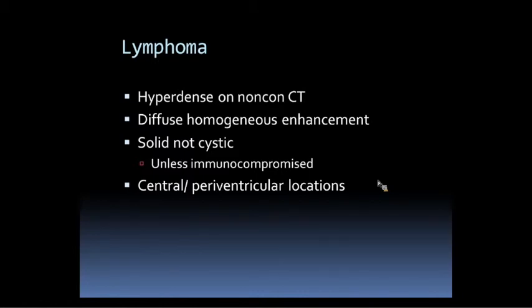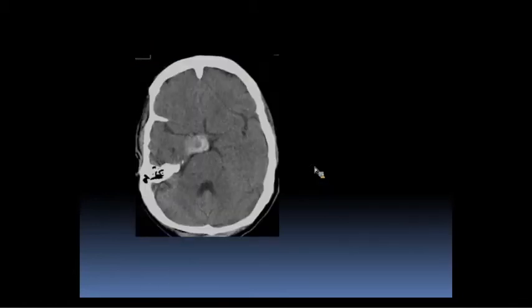But if you have an adult with a hyperdense parenchymal lesion, you can very strongly consider lymphoma. Usually they have solid, diffuse enhancement. However, in compromised patients, such as people with AIDS, they can actually have cystic ring enhancing lymphoma. So that's the one situation where lymphoma will not look like that.